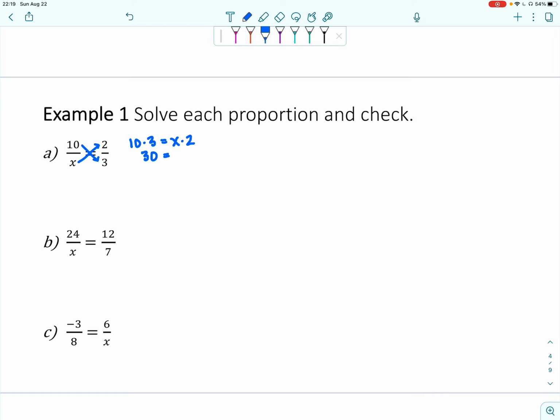I'm going to rewrite the right-hand side as 2x because it just looks better. I can solve for x by itself by dividing by 2. Whatever you do to one side, you have to do to the other. So now x is by itself, and it equals 15.